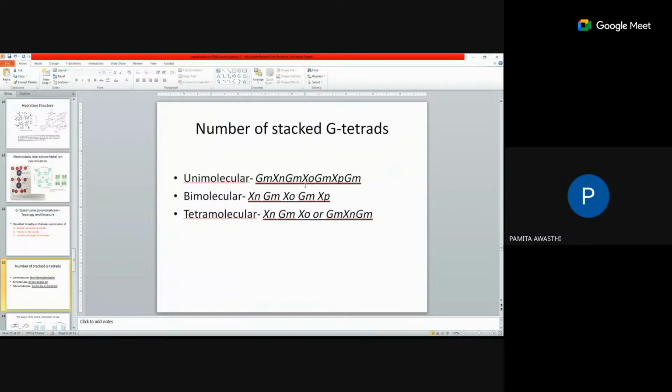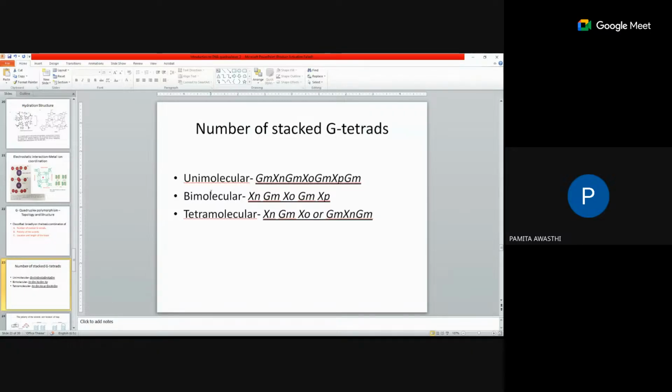So M in GM means the number of G residues in each tract involved in G tetrad interaction. And Xn, X0 and XP can be any combination of residues, including G. So it can be A, T or any residue, right?